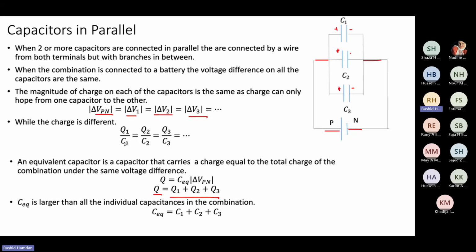So Q1 over C1 is equal to Q2 over C2 equal to Q3 over C3. Now, the equivalent capacitor should give me the total charge under the same voltage. So when we replace Q1 by C delta V1 and Q2 by C delta V2, we cancel out delta V and we get that the equivalent capacitor is the sum of all three of them.